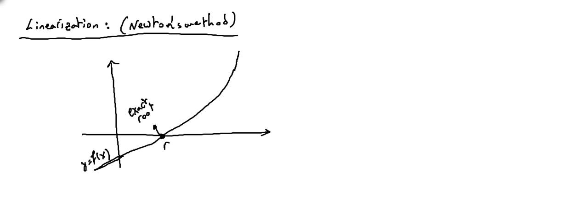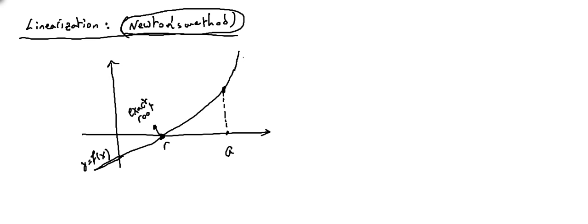Sometimes we can't find this exact R, so one of the methods we use is Newton's method, and it's a very good method to find the root. We guess an initial estimate for this root. It's just a guess.